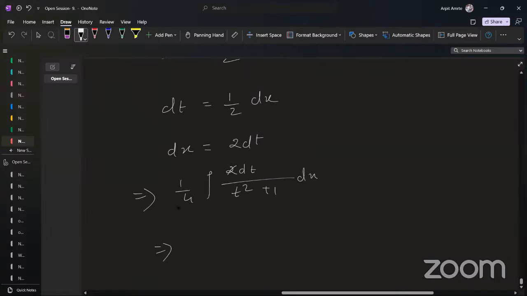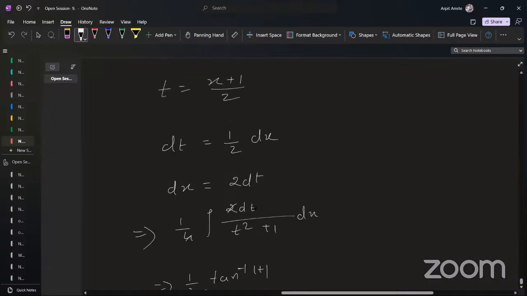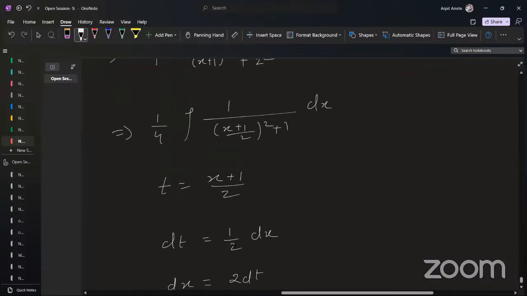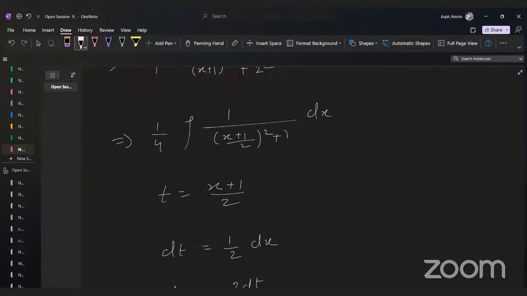So this will become half tan inverse t. Just substitute the value of t, you will get your answer. So got the idea how you will solve this kind of question with this substitution?